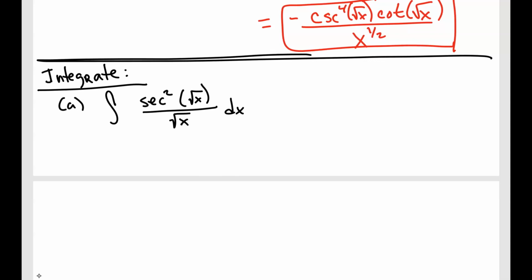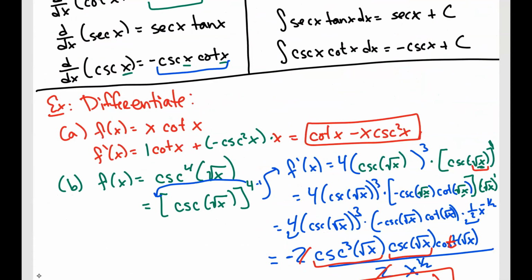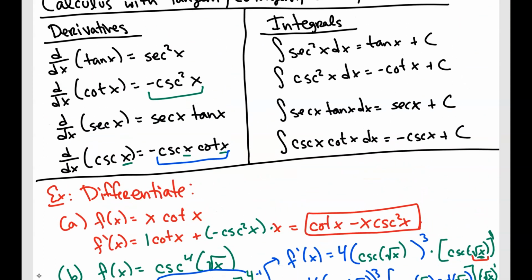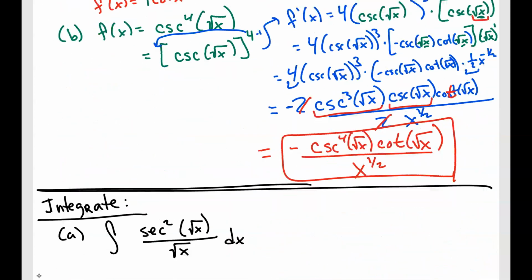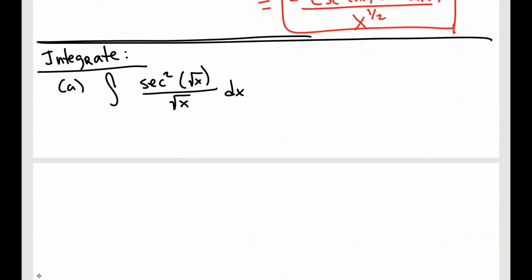The first thing that I notice is that you have a secant squared. So if I go back up, what was the integral of secant squared? Well, that was just tangent, right? So you can imagine that there's going to be a tangent, but you don't have an x in there. You have a square root of x. So maybe let me go ahead and write it like this: the integral of secant squared x to the 1/2 divided by x to the 1/2 dx.